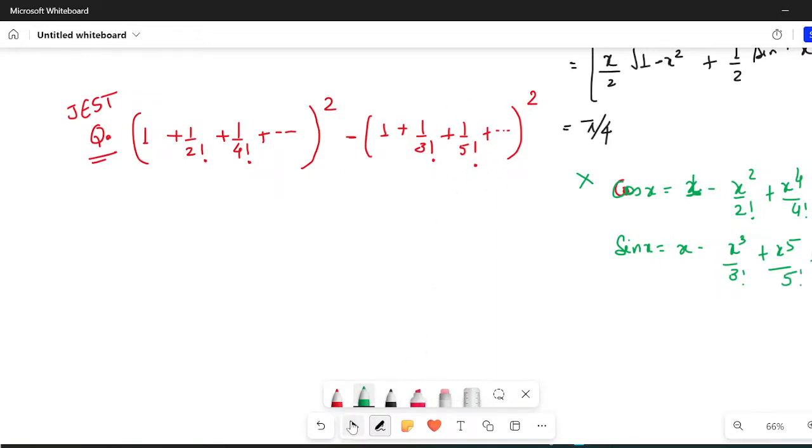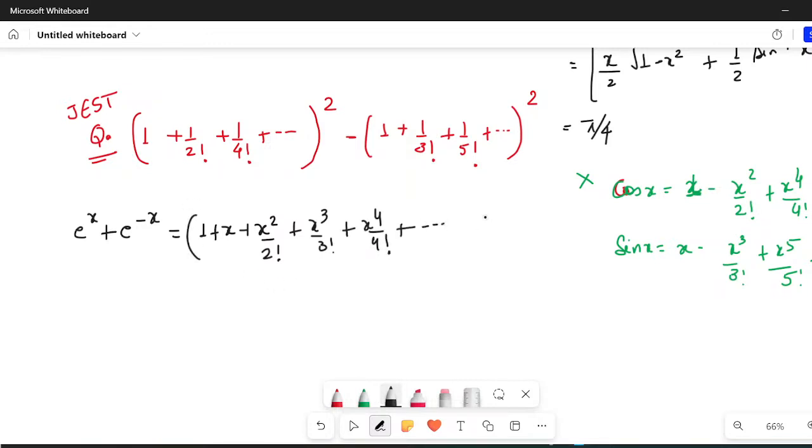So what I have to do is somehow see a different alternative. See here, only even terms are there. So why not think about this: if I add exponential e to power x and e to power minus x, all the odd terms will get removed. e to the x is 1 plus x plus x square upon 2 factorial plus x cube upon 3 factorial plus x to power 4 upon 4 factorial, so on and so forth.